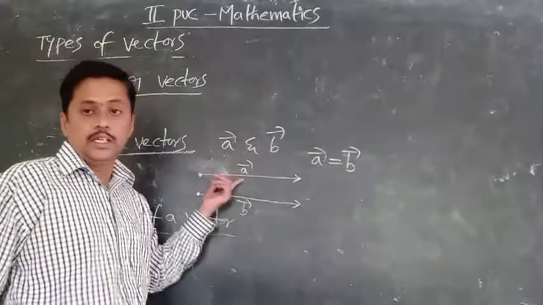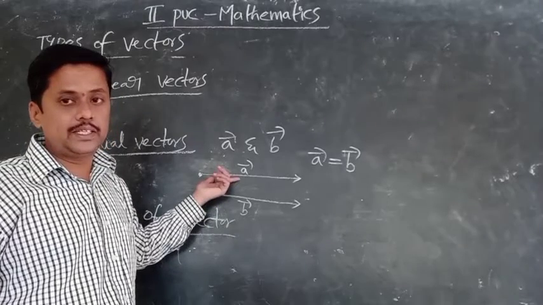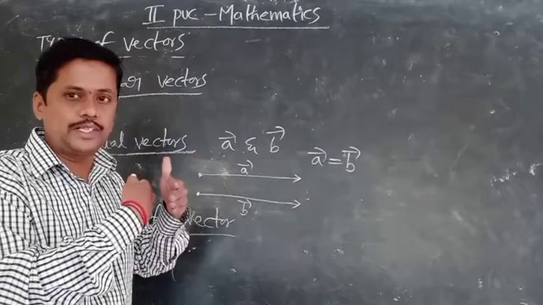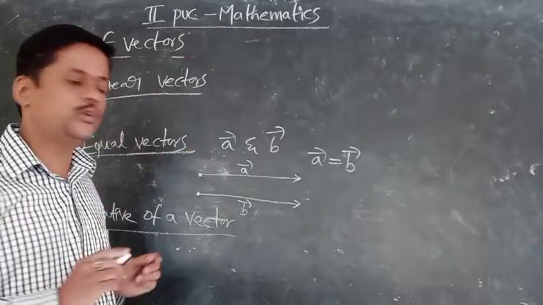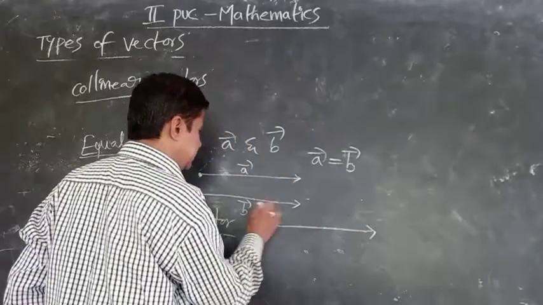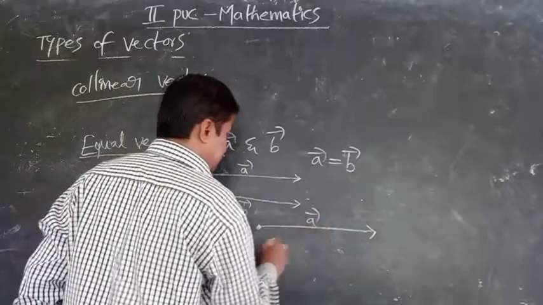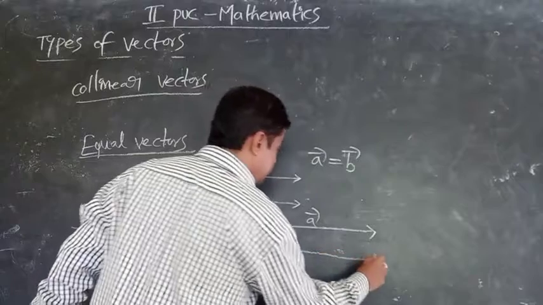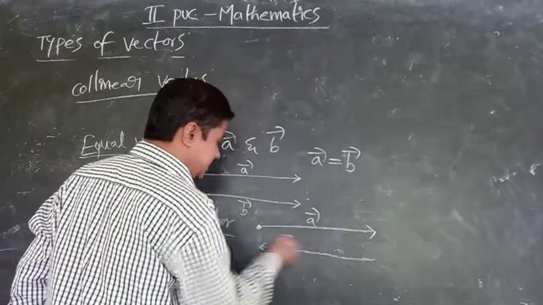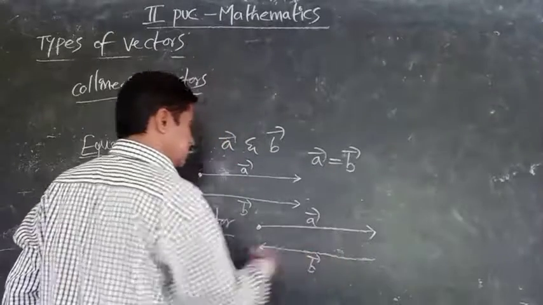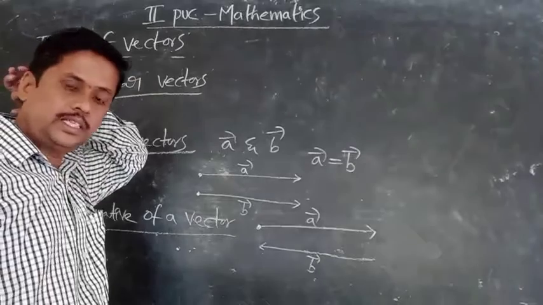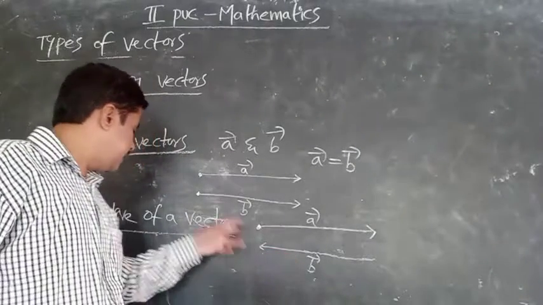So here the direction is changed to the opposite, but the magnitude is the same. See, this is the a vector and this is the b vector. Same distance, but the direction is like this, opposite to the a vector. This type of vector is known as the negative vector of a.